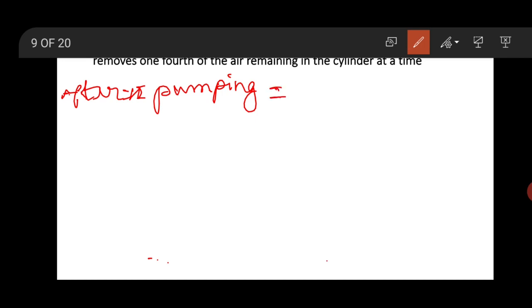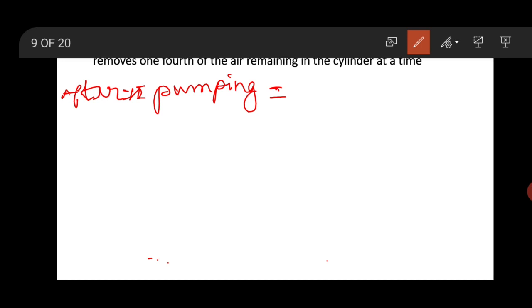Similarly, we have to find out after the second pumping. After the second pumping, air present in the cylinder is again present air minus 1/4 of the present air.